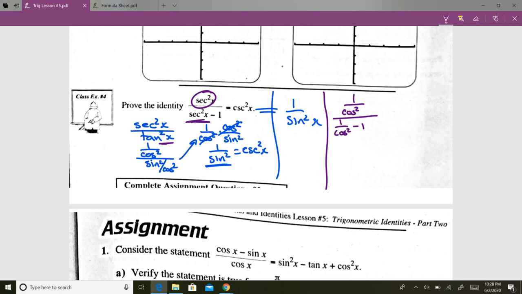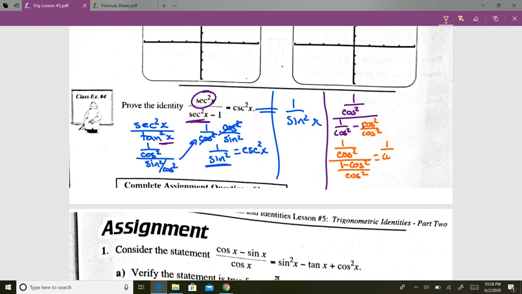Now we have a fraction. So I have to make a common denominator. So what I want to do is I want to turn this 1 into cos squared over cos squared. So now I have 1 over cos squared over, I can combine them, 1 minus cos squared over cos squared. And then you would recognize that you can flip this.